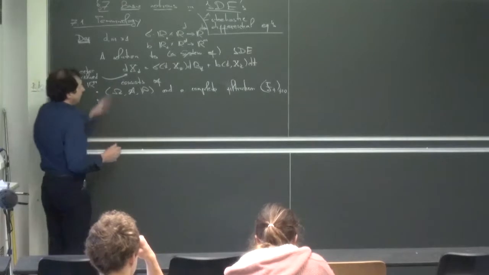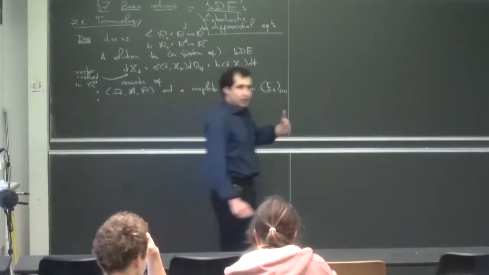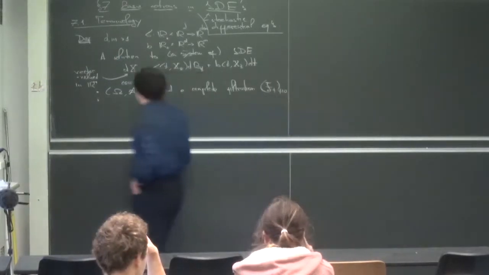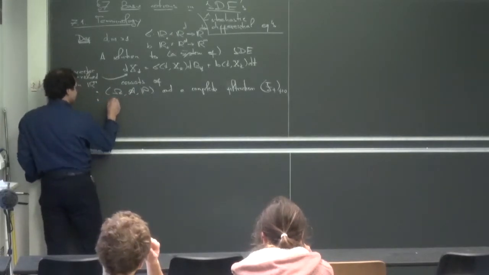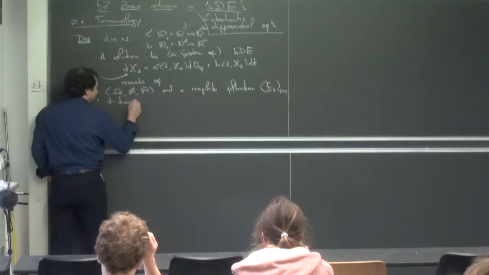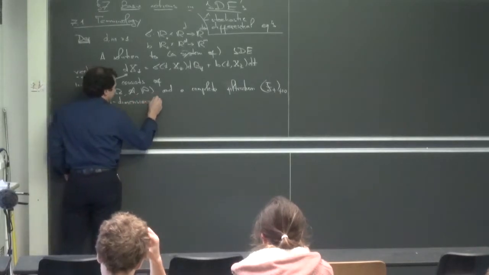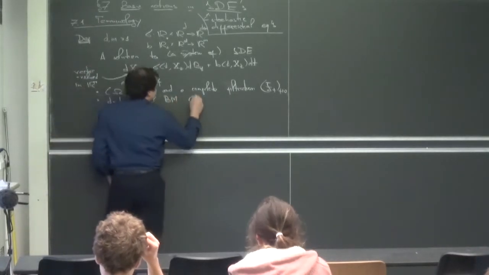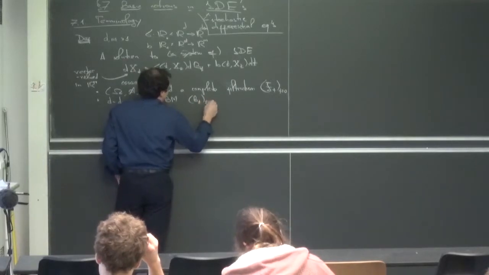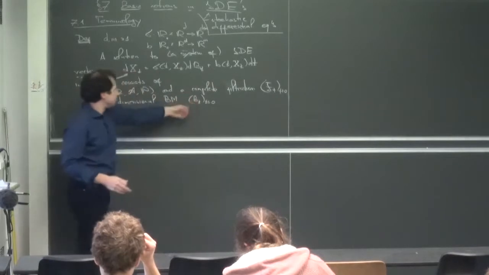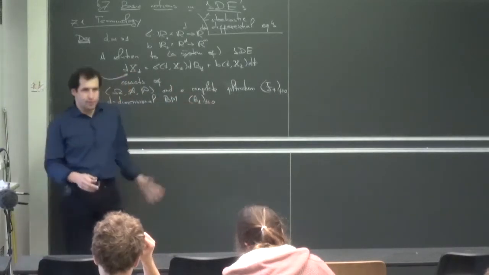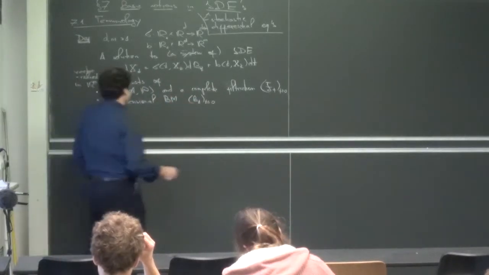Okay, then I need to have a realization of the Brownian motion, which should be d-dimensional Brownian motion B_t. Again, I'm writing it on the whole half plane, but you can restrict yourself to [0,T]. It's not a big issue.